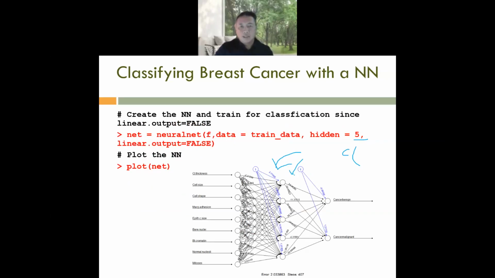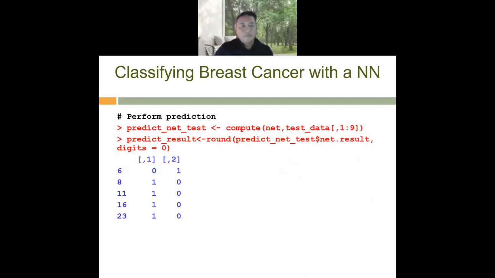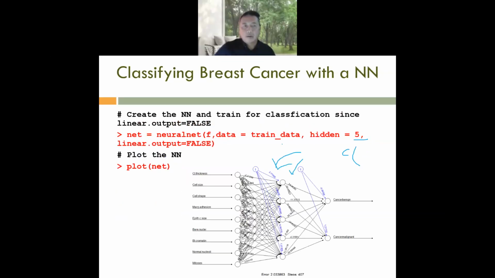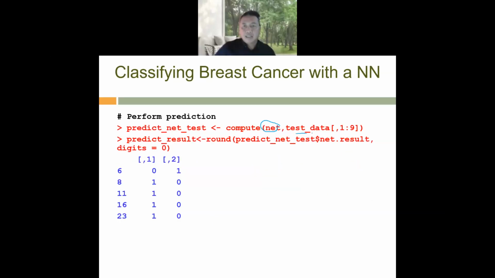So this is the topology that we have, and this is the output that we get. This is the model that we get from the training. We pass the data that we have, and then this is the result that we get.